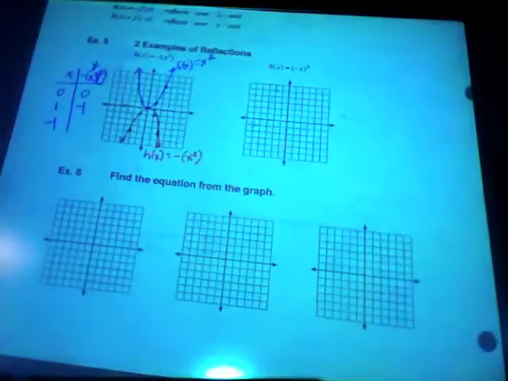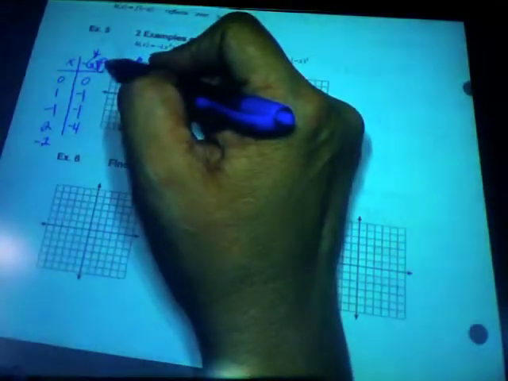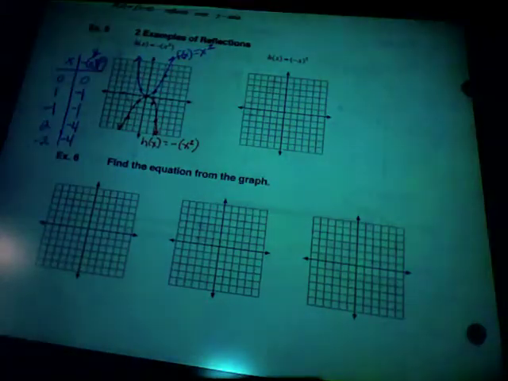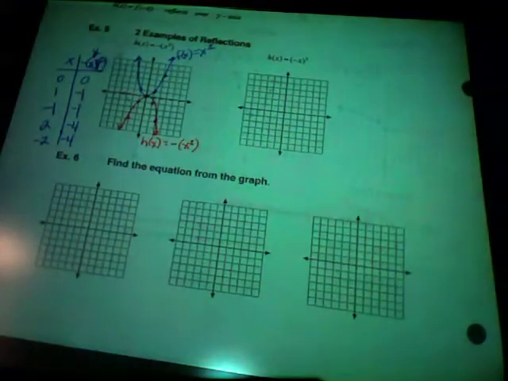Sorry, my parentheses should be out here. So if I square a negative 1, I get 1, then multiply it by a negative, I still get a negative 1. And then 2. 2 squared is 4 times a negative 1 is negative 4. And with negative 2, negative 2 squared is 4 times a negative 1. So if you want to, you can do a table of values if that makes you feel better, and then plot those points. It's all in how your brain works and what's better for you.